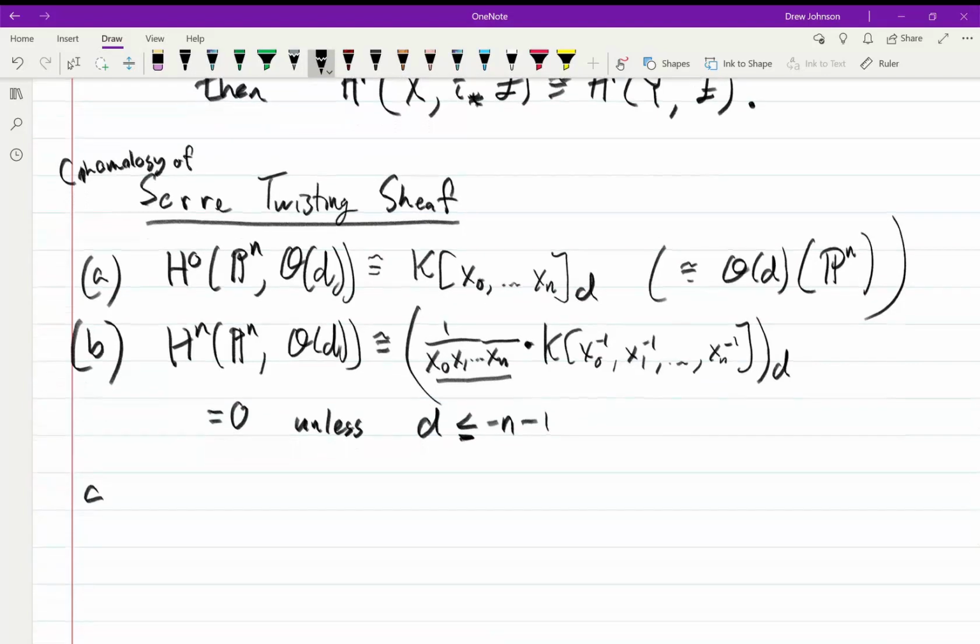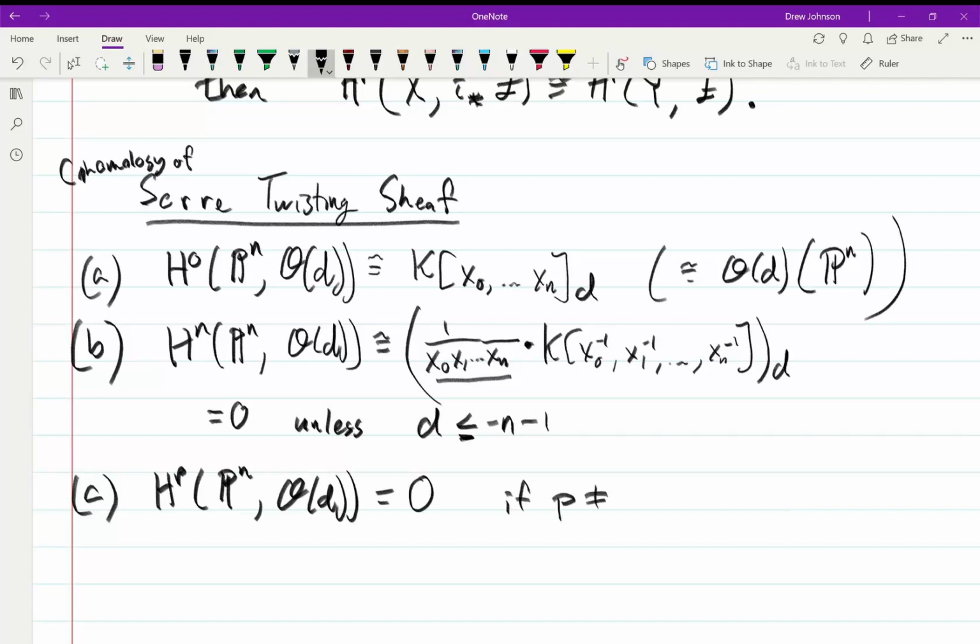All right, and then part C of this lemma is that those are the only cohomology groups. So this is automatically 0 if p is not equal to 0 or n.